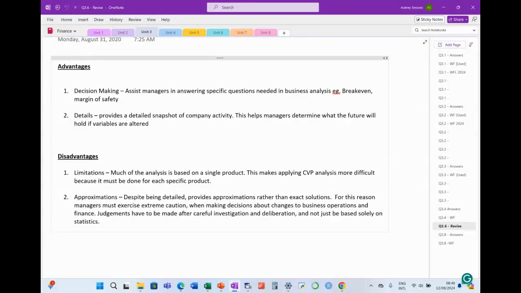Judgments have to be made after careful investigation and deliberation, and not just based solely on statistics. So I think that highlights it quite well. These approximations just give you ballpark figures to operate with, but they mustn't be taken like word from the Bible.